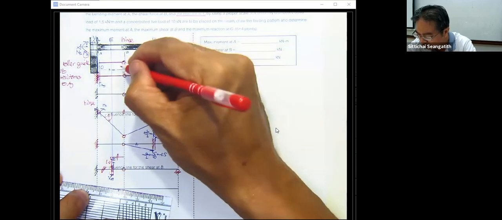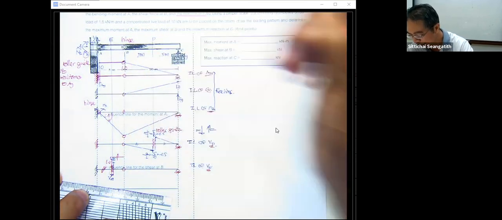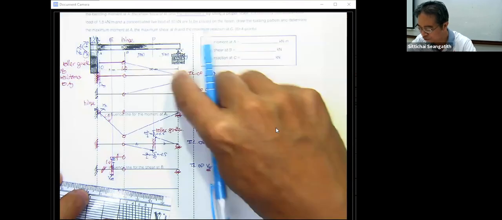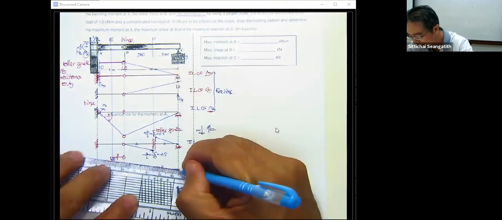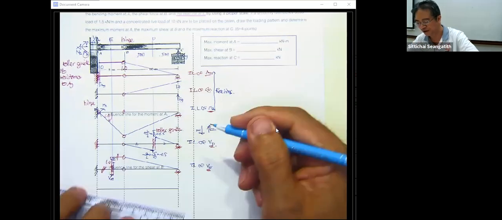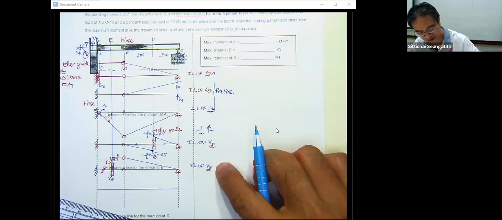This one is also 1.0, very similar to this one. Okay, and this one is going to be the hinge, and then the shape of this is going to follow the A sub y. We have this one for the influence line of V sub E.